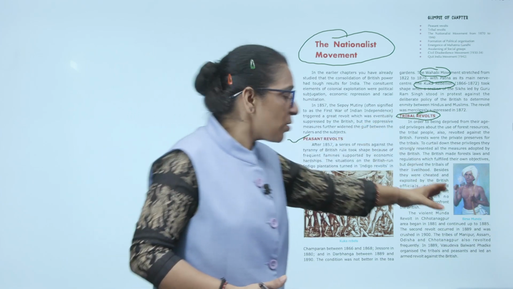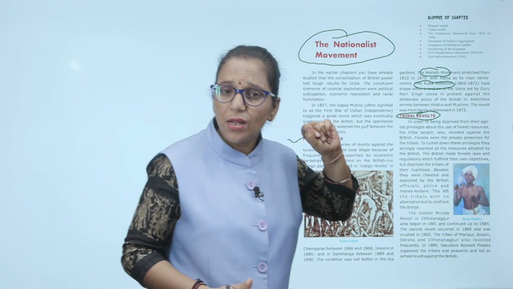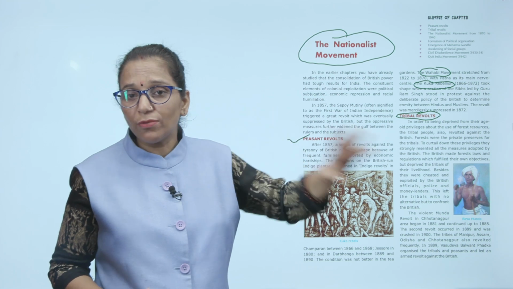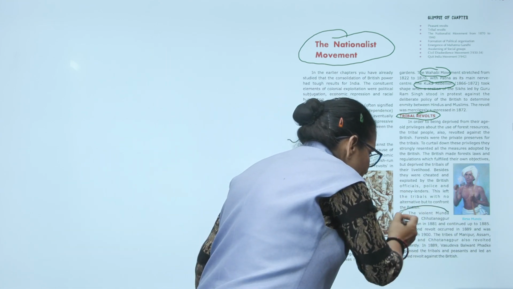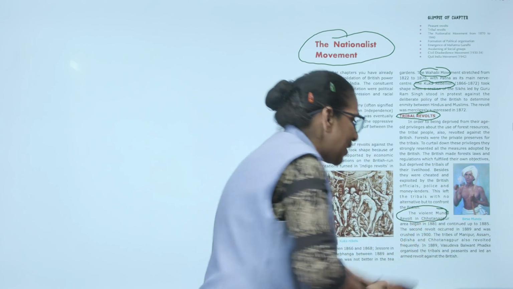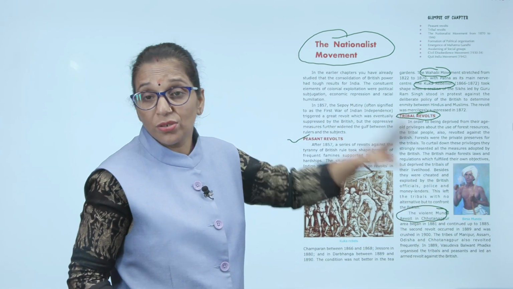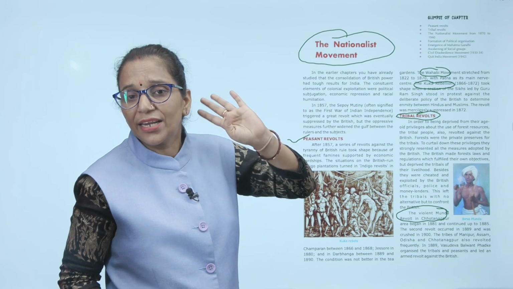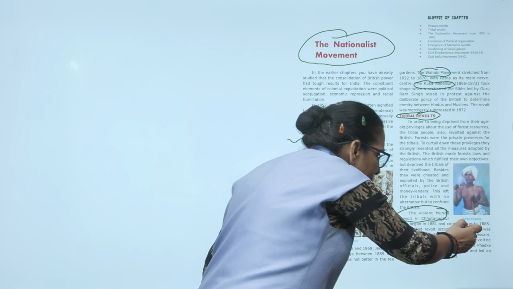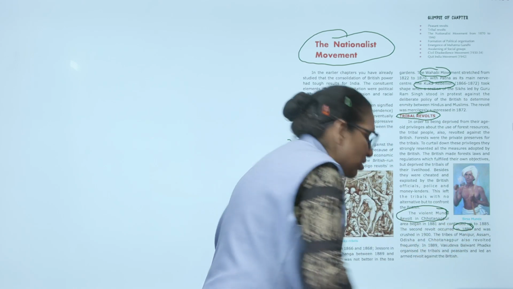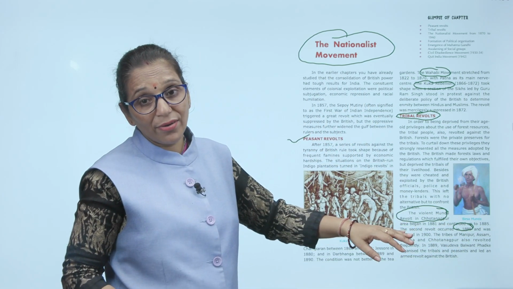So tribals also started to revolt against the Britishers, and one of the famous violent revolts was the Munda revolt in the Chota Nagpur Plateau. This began in 1881 and continued for four years till 1885. The second revolt occurred in the tribal community in 1889 and was crushed in 1900.